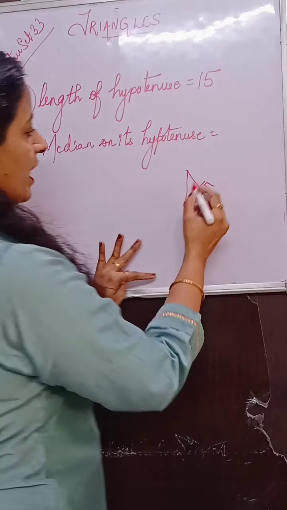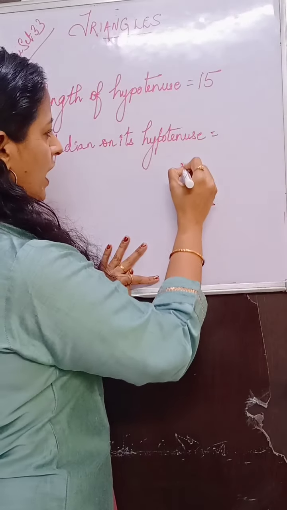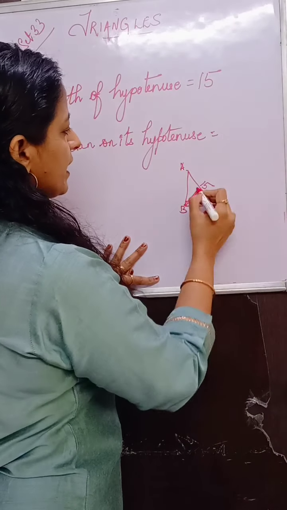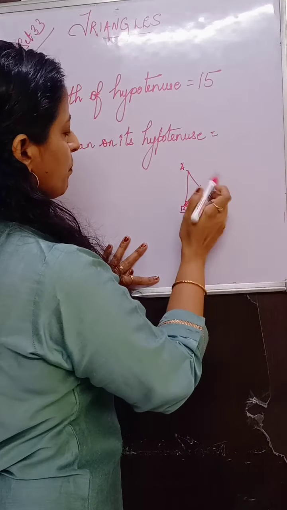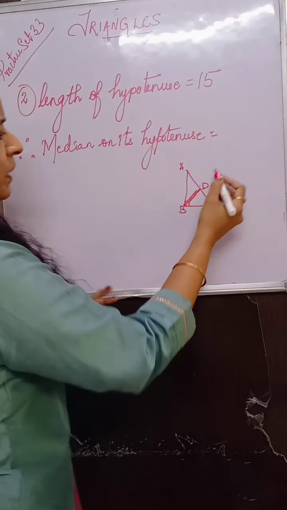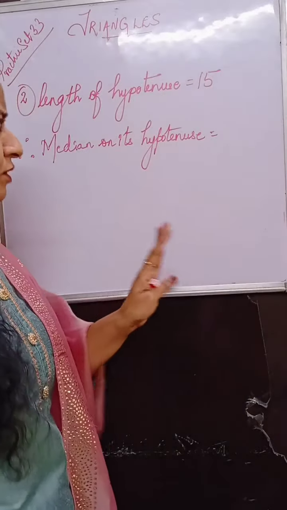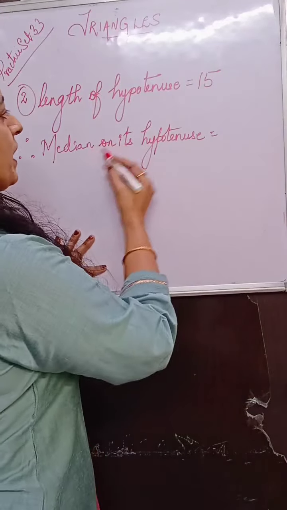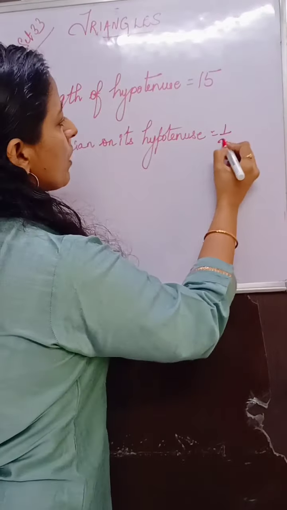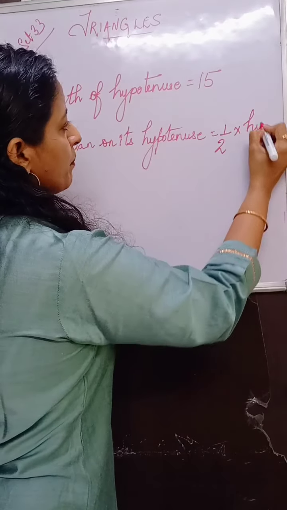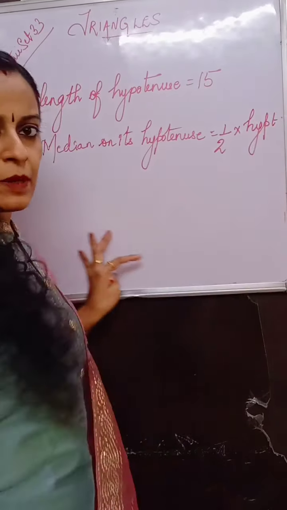So we will draw a triangle. Suppose if you want, you can draw triangle ABC and take this point as midpoint D, and you can write BD is the median. Other than that, for 2 marks you need not draw the figure. Directly write down: median on its hypotenuse is equal to half of the hypotenuse. This is the property.